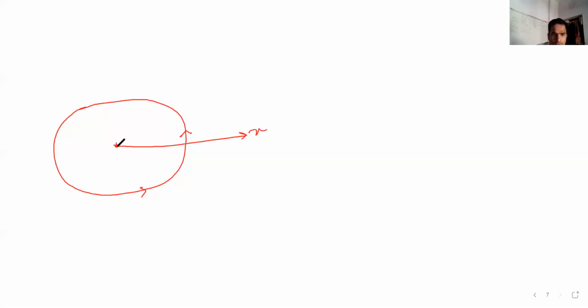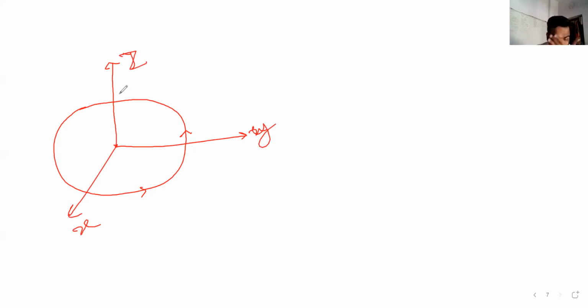So suppose there is a current carrying circular loop. This is in a horizontal plane. Current is flowing, and suppose this is the center. So this becomes my x-axis, this becomes my y-axis, and z.